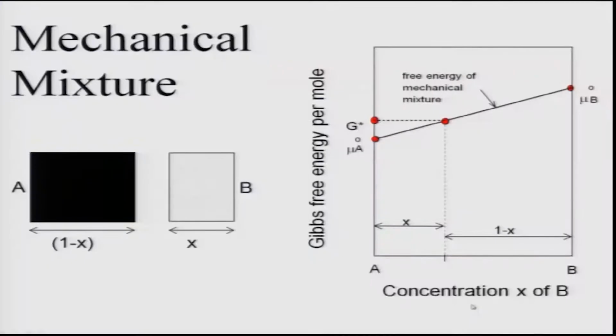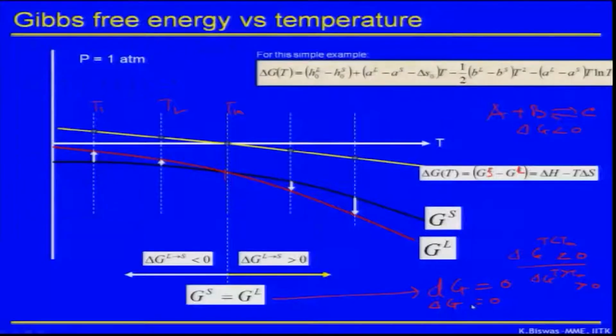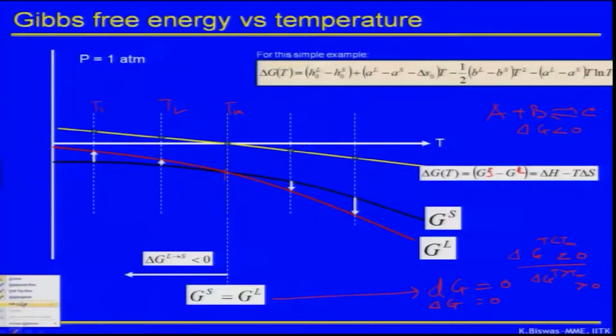To give an idea, this condition will remain the same, universally the same for all systems: the direction of the phase transformation depends on the sign of delta G. Delta G is 0 at the transformation temperature, whether it is melting, solidification or any solid state transformation. If delta G is negative, the transformation will happen in the preferred direction.